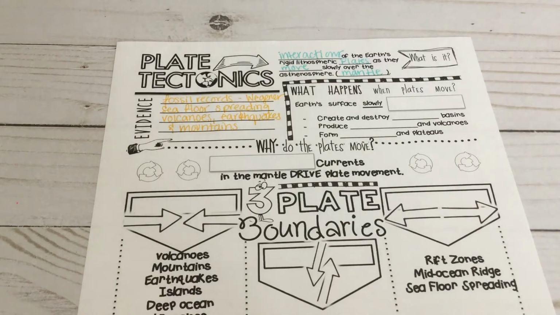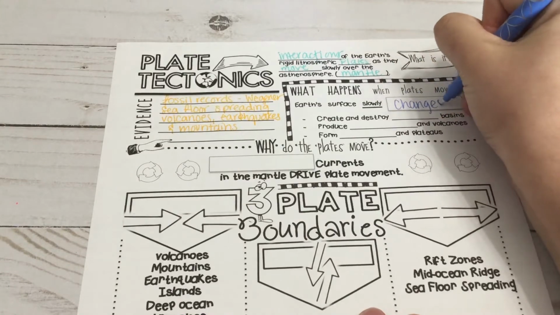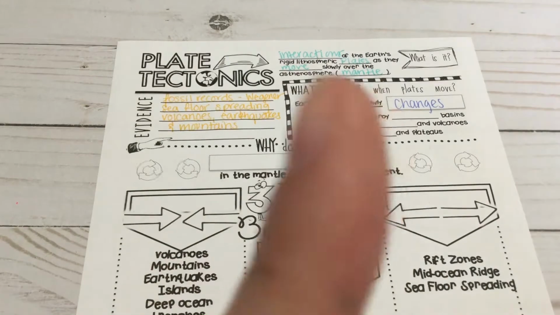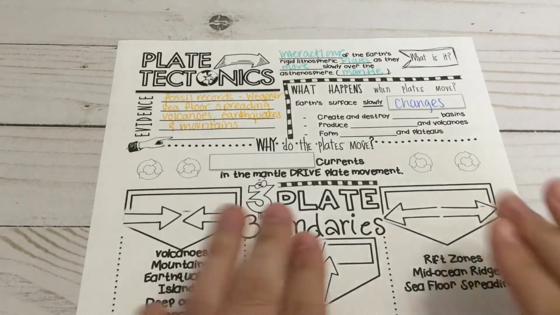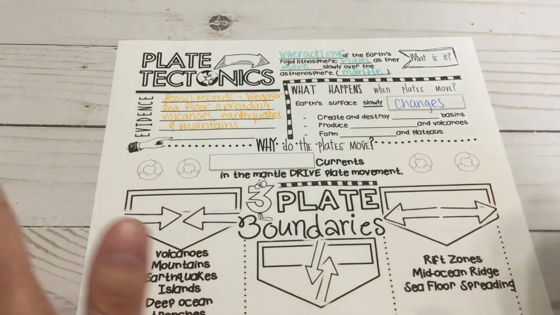So what happens when the plates move? Well, Earth's surface slowly changes. And when we say slowly, in the Atlantic Ocean there is a beautiful example of seafloor spreading.